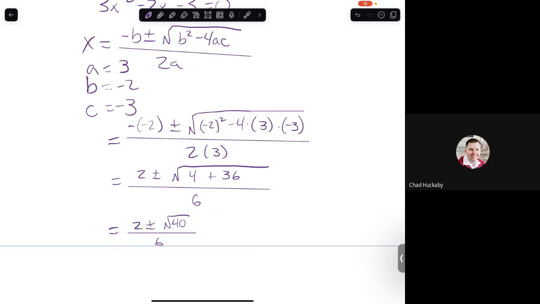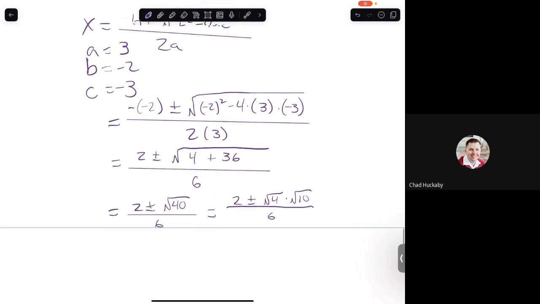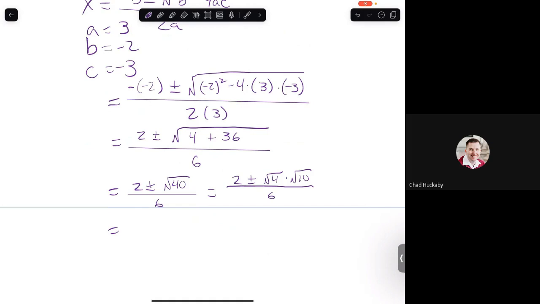Well, I think we can simplify this a little bit to be 2 plus or minus the square root of 4 times the square root of 10 over 6. So now what we have is 2 plus or minus 2 square root of 10 over 6.